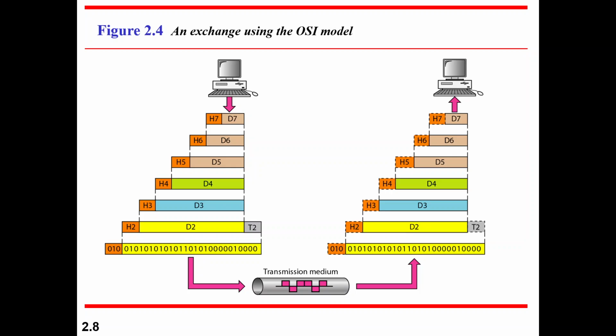At each layer, a header, or possibly a trailer, can be added to the data. Commonly the trailer is added only at layer 2. When the formatted data unit passes through the physical layer, layer 1, it is changed into an electromagnetic signal and transported along a physical link.